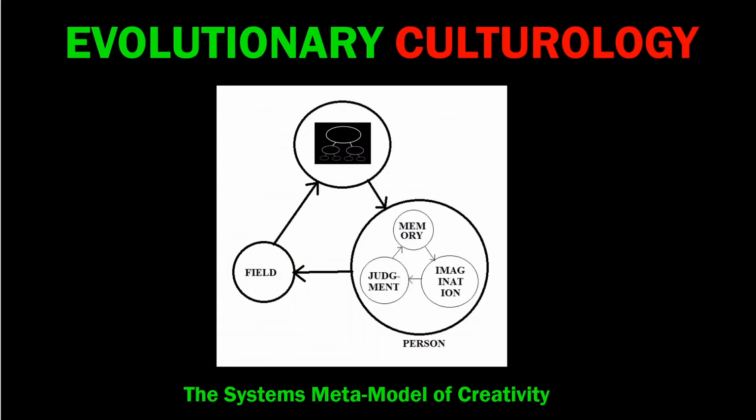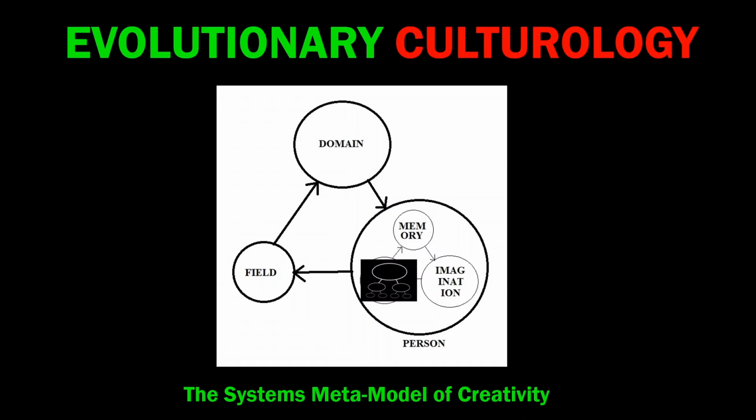And so we have a meme up top in the domain. It goes into somebody's memory, this idea, process or product. It then goes to their imagination, where they may alter or mutate or vary it somewhat. Then if they judge it is worth showing to the field, they present the idea to the field, and if the field accepts the idea as new, useful and surprising, it enters the domain, and this cycle can repeat over and over.